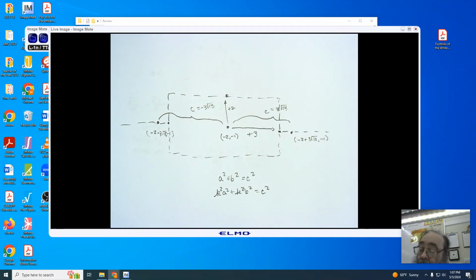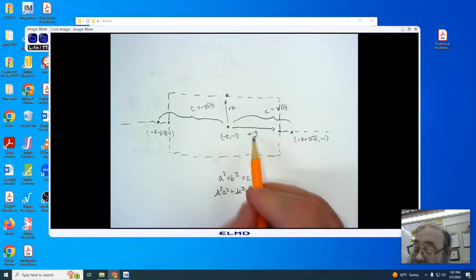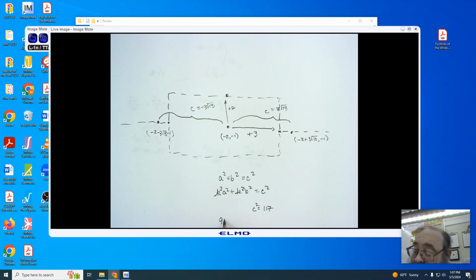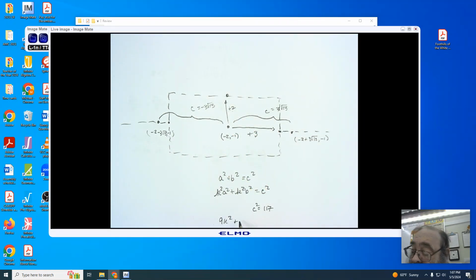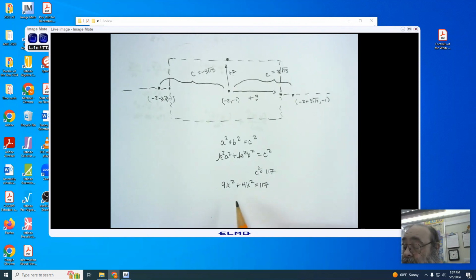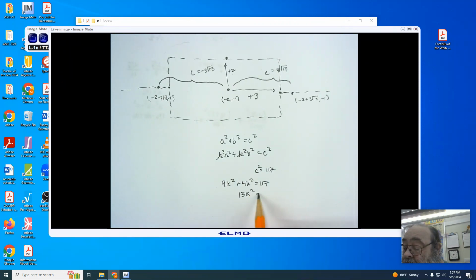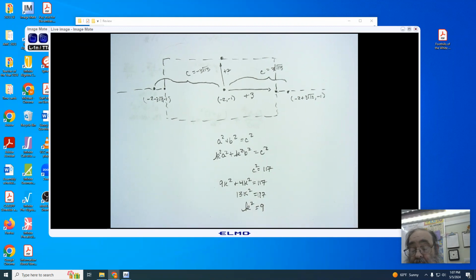Well, what's my c squared? C squared turns out to be 117. And we have our a, which was 3, so that's going to be 9k squared. We have our b, which is 2, so that's going to give me 4k squared equals 117. That's 13k squared equals 117. That means k squared, when I divide, is equal to 9.